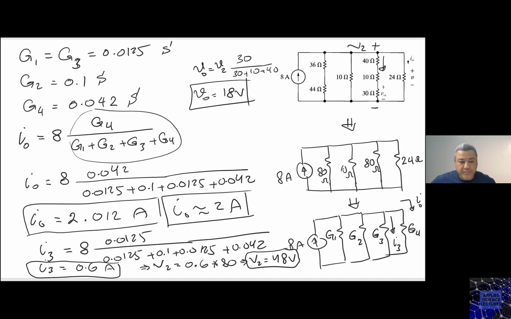Sir, what did you get for I3? I got 0.6 ampere. Okay, thank you. You're welcome. I have it here. Any other questions?